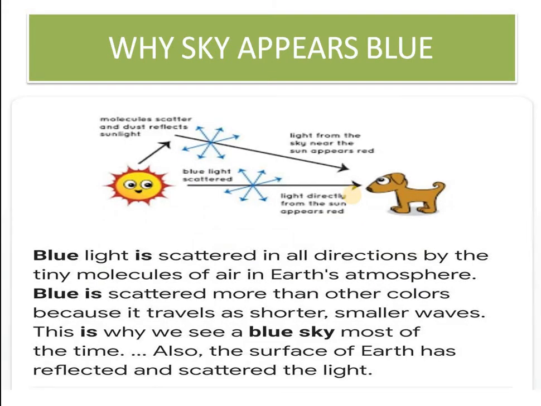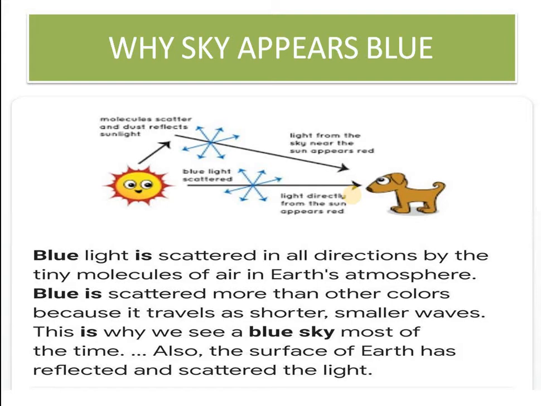Why does the sky appear blue? The blue color is because dust particles are there in the air. Light coming from the sun is scattered in all directions by the tiny molecules of air, dust particles, or moisture, fog. The scattering is inversely proportional to the fourth power of the wavelength.